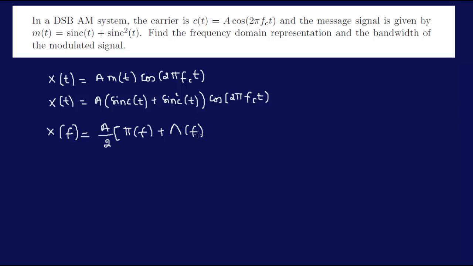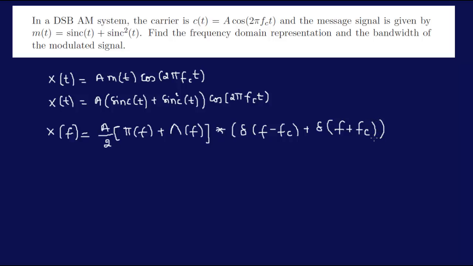That's a modulation once again, so we have the transform of sinc squared is lambda of f. Now when you multiply two functions, again on the table on page 203, multiplying in the time domain is convolution in the f domain.